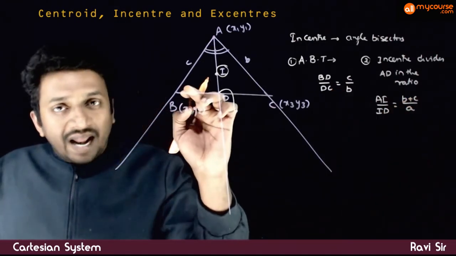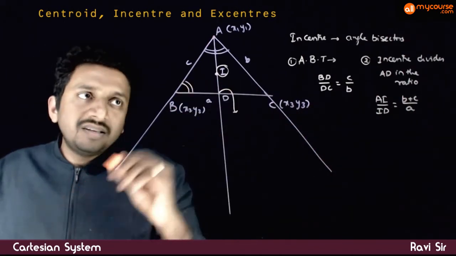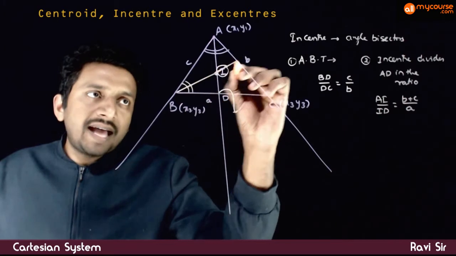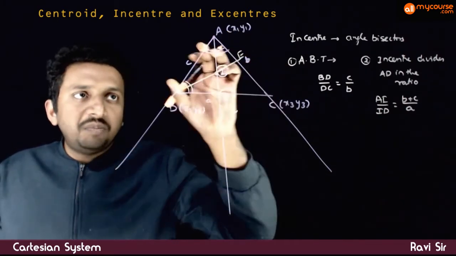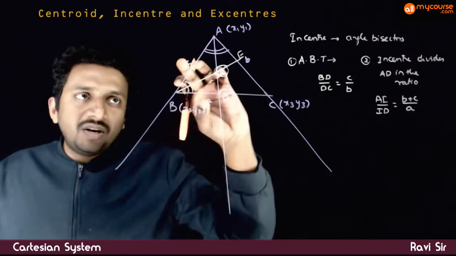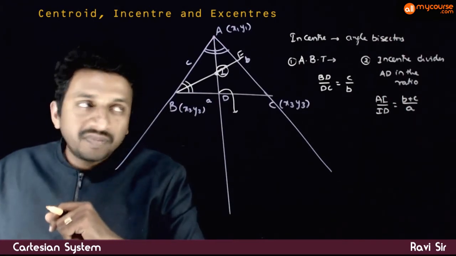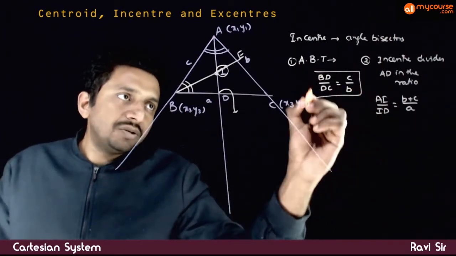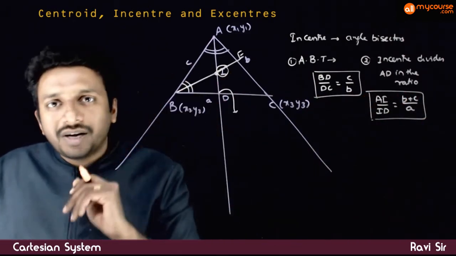So if you write the same equations with respect to the angle bisector of B, if this is E, so AE by EC will be equal to c is to a, and BI is to IE is equal to a plus c is to b. So this is how the ratio works. So using these two ratios, you can very clearly see that you can find the coordinates of I.